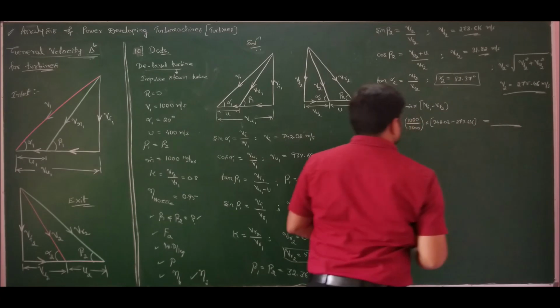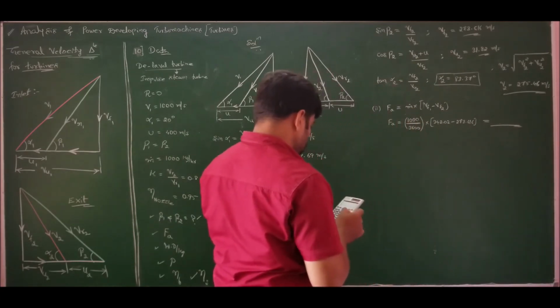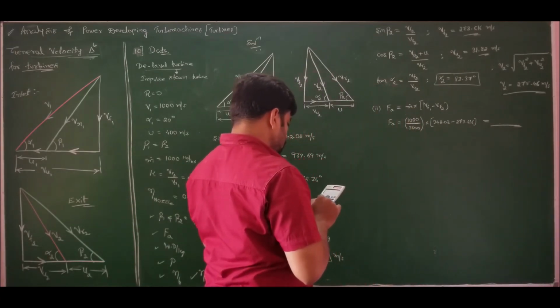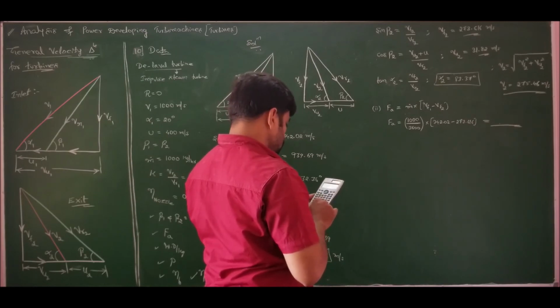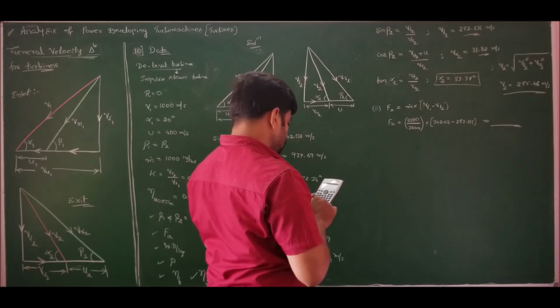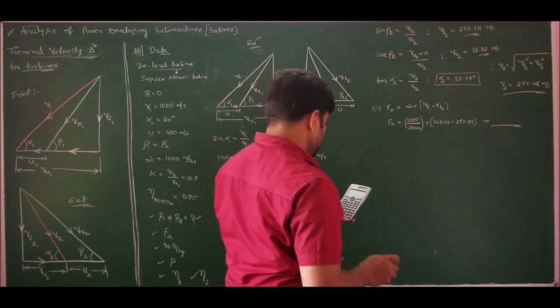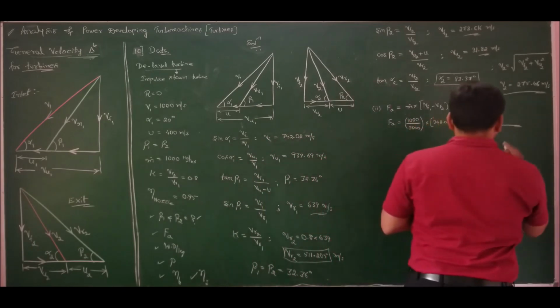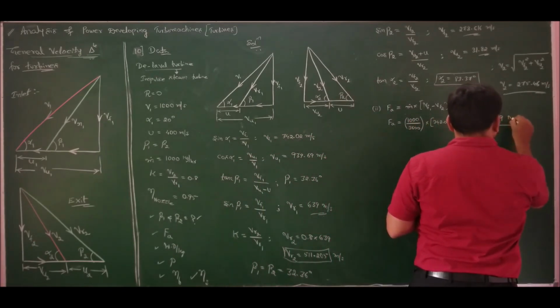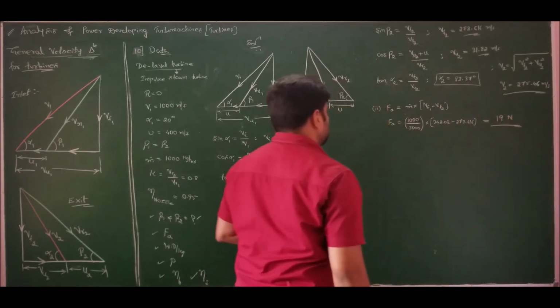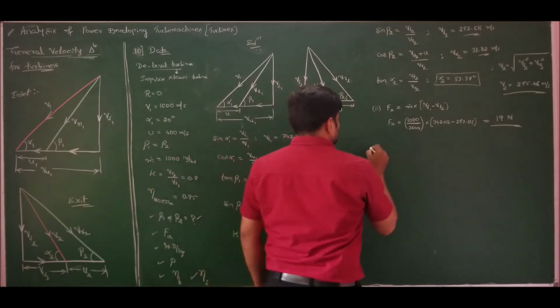So axial thrust will be 1000 by 3600 into 342.02 minus 273.616, which is equal to 19 newtons. 19 newtons is the axial thrust.